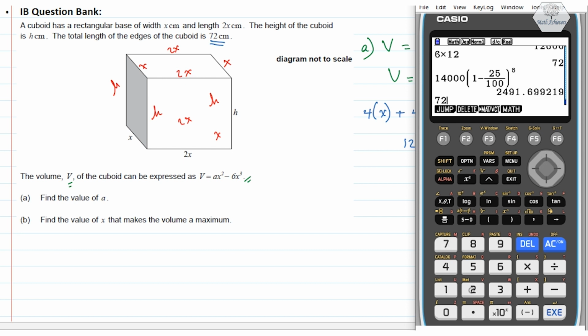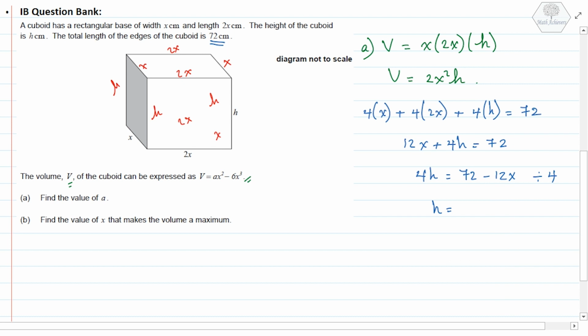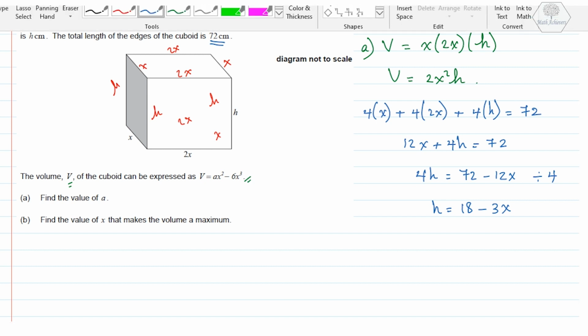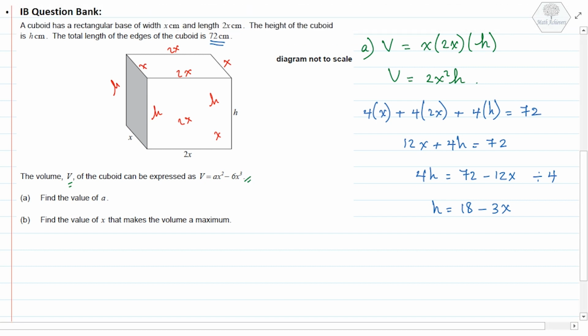I'll use 72 divided by 4, and this is equal to 18, minus 12 divided by 4, 3x. Now, I take this value for h and I substitute it in the volume equation in here.